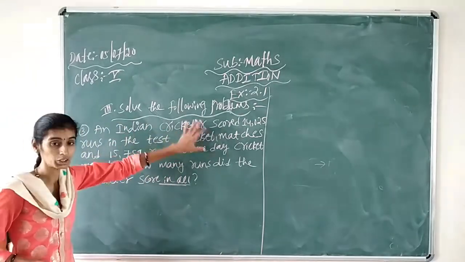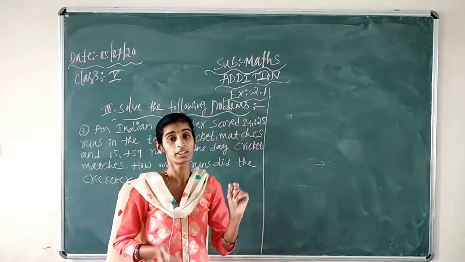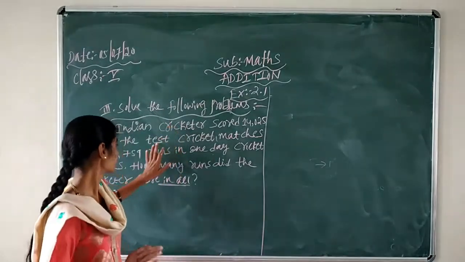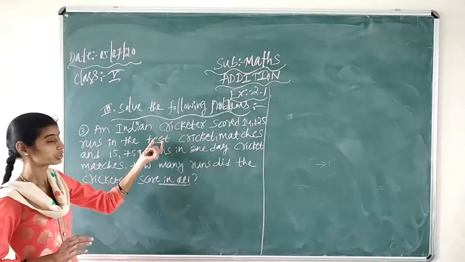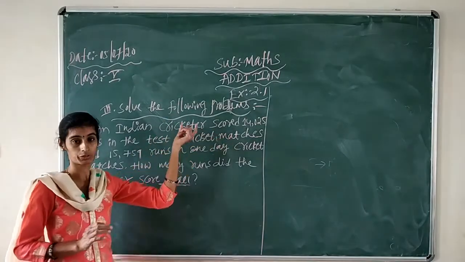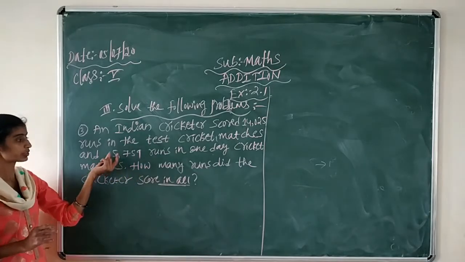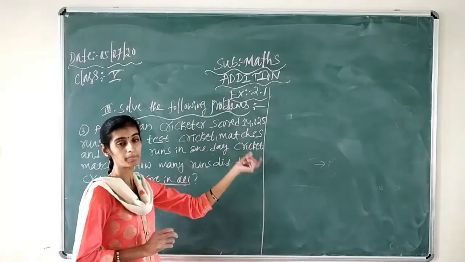So Virat Kohli has scored 14,025 runs in test matches, and 15,759 runs in one-day matches.